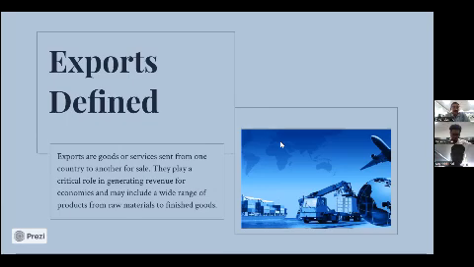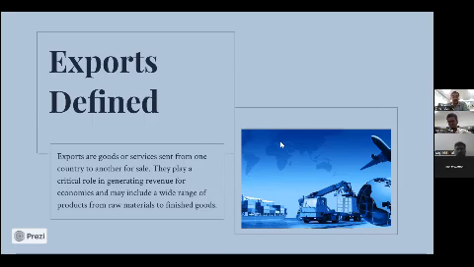They play a critical role in generating revenue for economies and may include a wide range of products, from raw materials to finished products. Suppose a company in India wants to sell its goods or services to overseas countries, for example, USA or UK, they will sell through exports only, which will generate revenue.